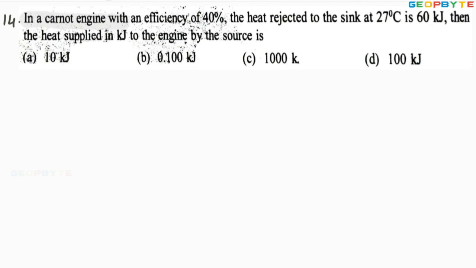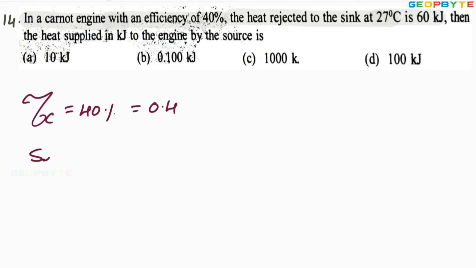In a Carnot engine with efficiency of 40%. Efficiency of the Carnot engine is given 40%, it is equal to 0.4. The heat rejected to the sink at 27 degrees centigrade is 60 kilojoules.